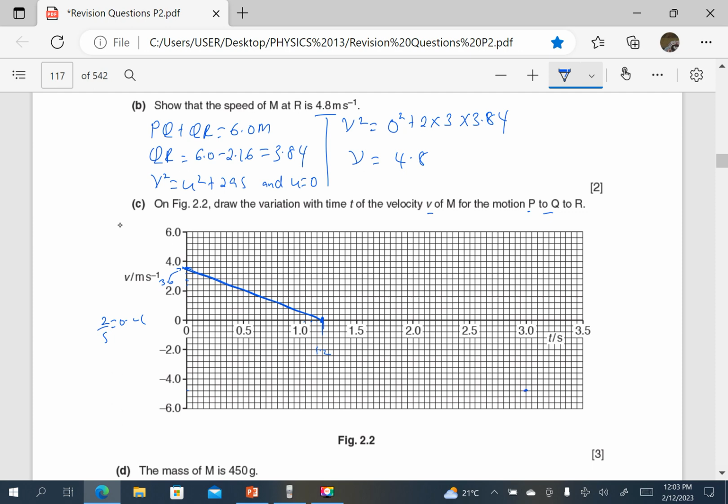So this is going to be a straight line, and the line continues as a straight line at 4.2.